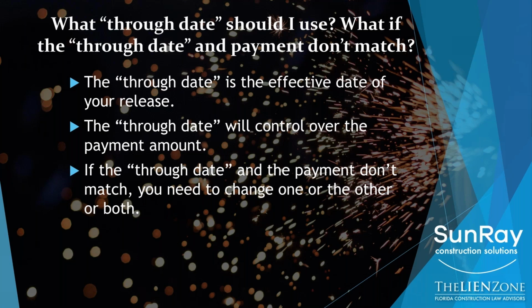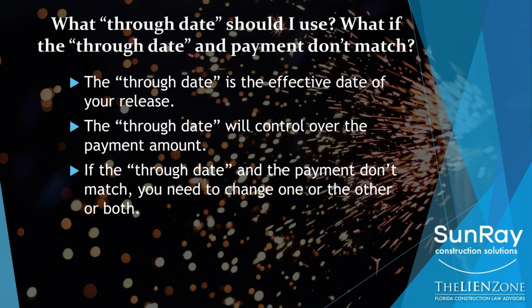You just released $100,000 worth of your rights in exchange for $75,000. So if the through date and the payment date don't match, you need to change one of them or both of them, but you cannot accept it as is.